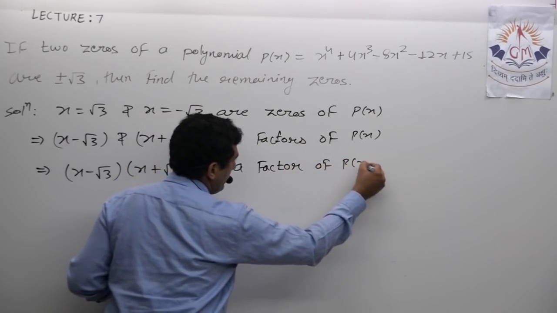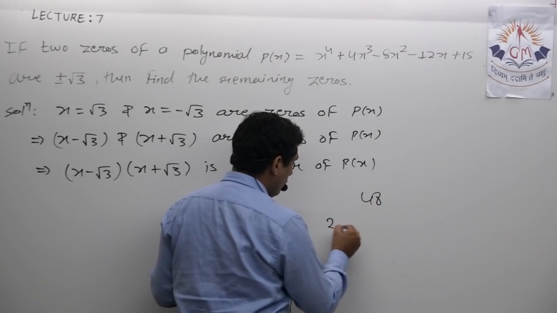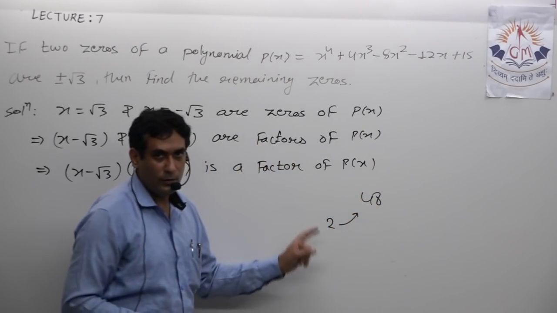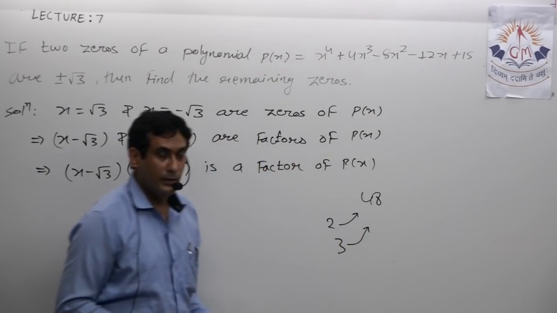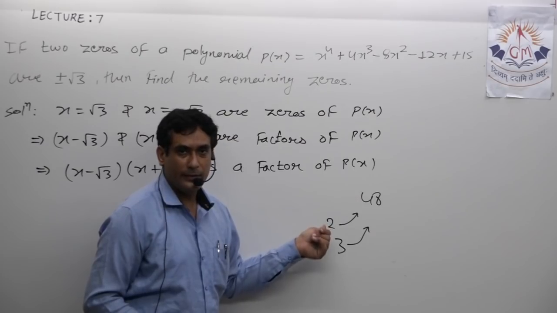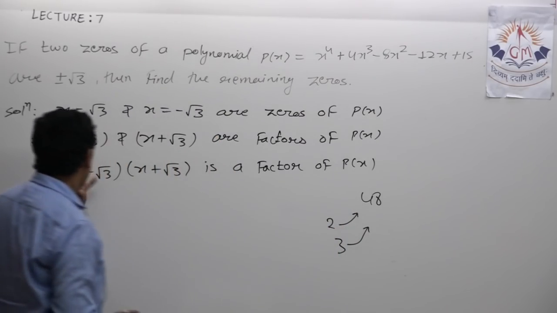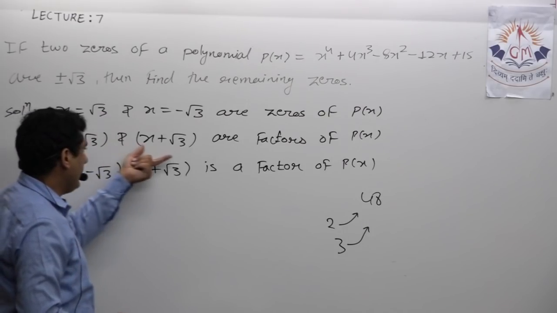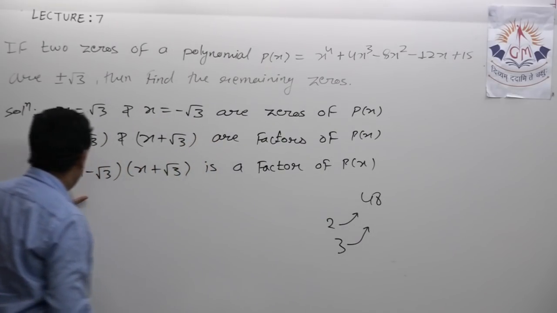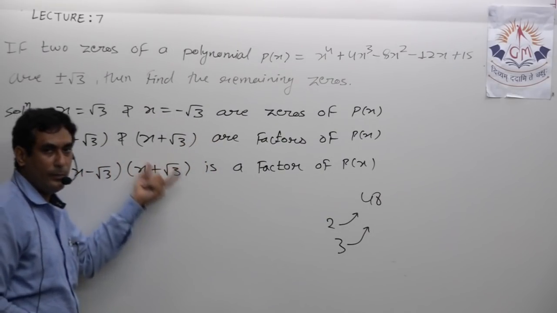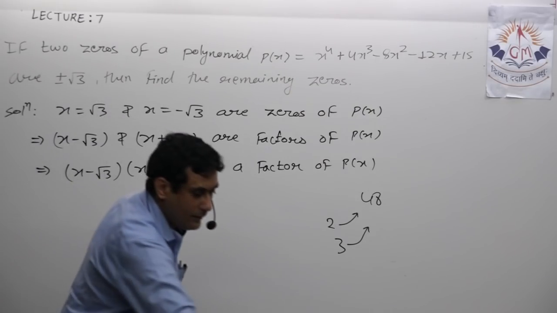See, in this way, if I say 2 is a factor of 48, isn't it? 2 is a factor of 48. Similarly, 3 is a factor of 48. So obviously 2 multiplied by 3, that is 6, will be a factor of 48. In a similar way, here I have x minus root 3 and x plus root 3. These two are the factors of p(x). So definitely x minus root 3 multiplied by x plus root 3 will be a factor of the given polynomial.